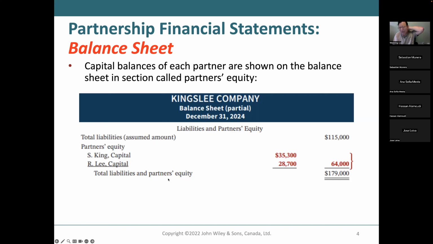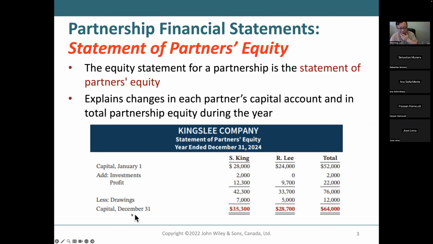Excuse me, Professor. Yeah, go ahead. The 64,000, the total, is that the drawings from the partners' equity? Yeah, the 64,000 is the ending balance of the capital account. The total withdrawal is 7,000 plus 5,000, which is 12,000.